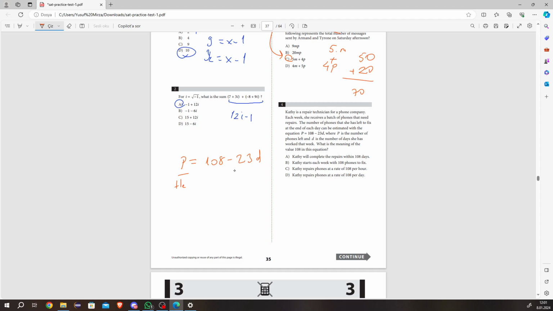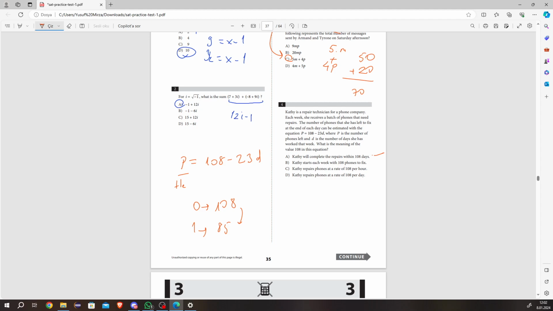In the first day, he's about to start and only has 180. Then 1 day later, it's 85. Then you can see it decreases. Katie will complete the repairs in 5 days.